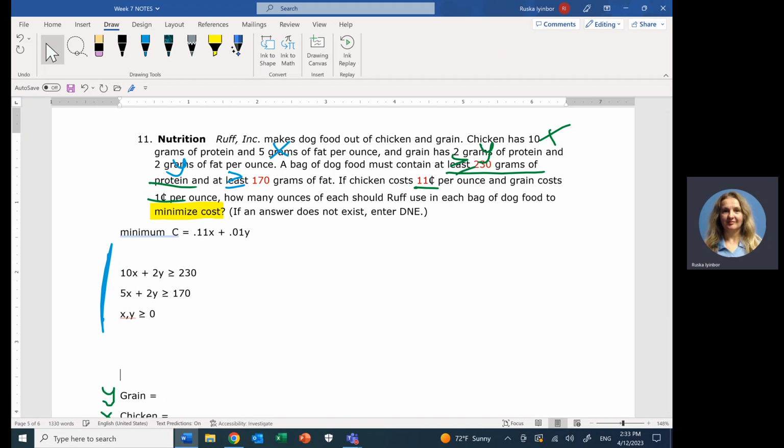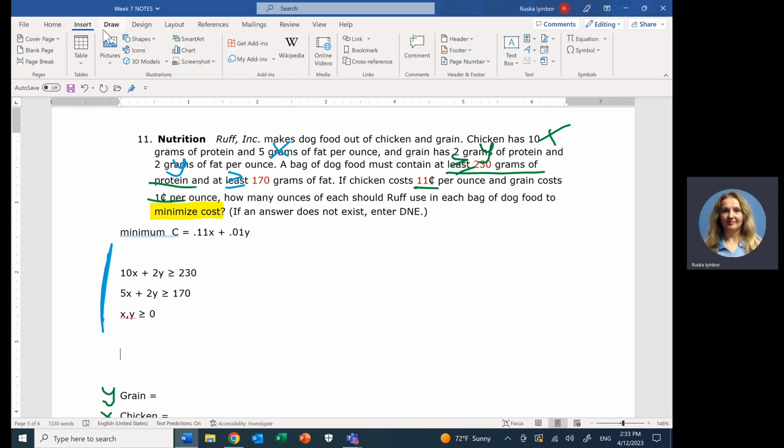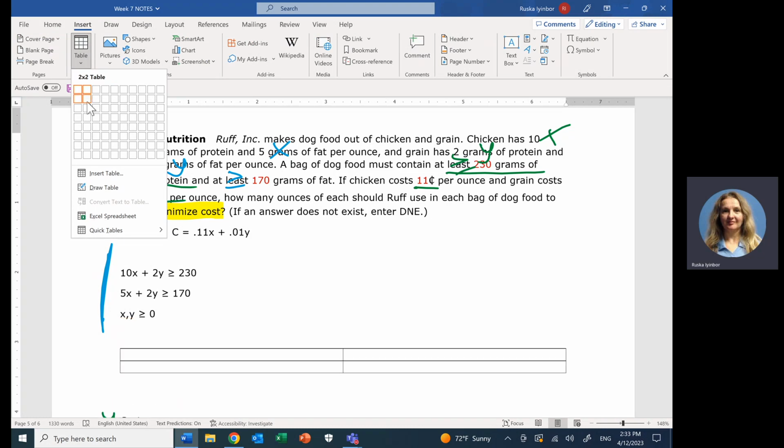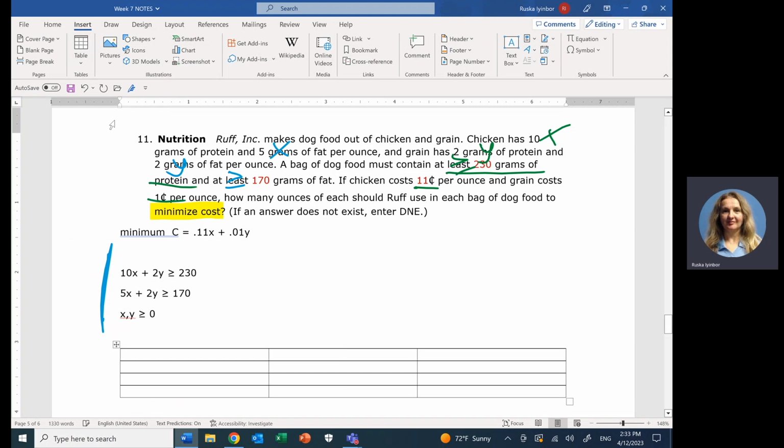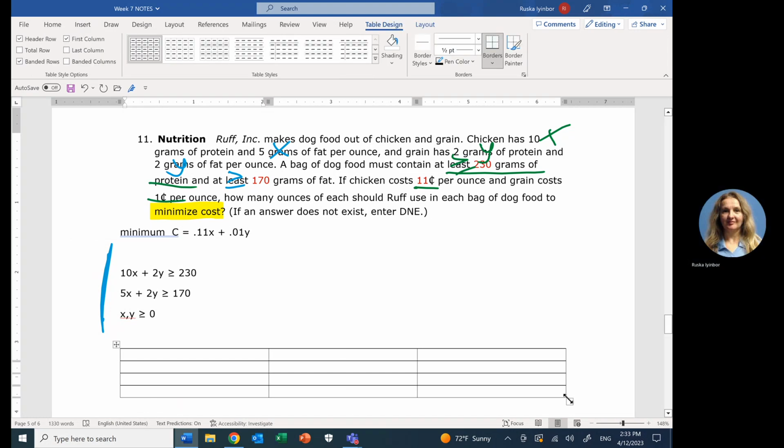So this is how you find the minimum. Here I'm going to insert a table. Usually when I set it up in a table, it's going to be easier. I have 3 corner points, and I'm going to use a table with 3 columns.